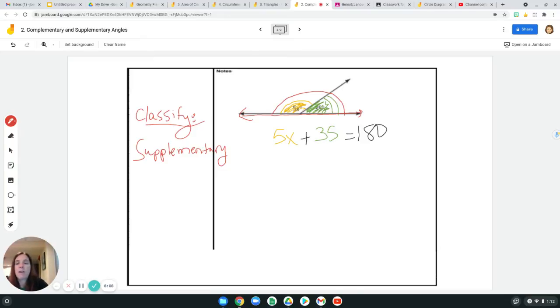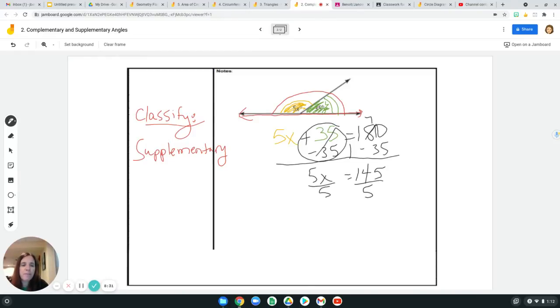All right, so now two-step equation again. Let's do our math. Zero pair the constant. Left with 5x equals 180 minus 35. I'm going to have to do some borrowing. 145. Divide by that coefficient of 5. And we get x is equal to 29.